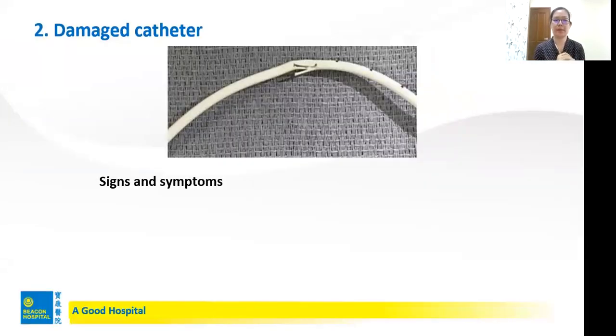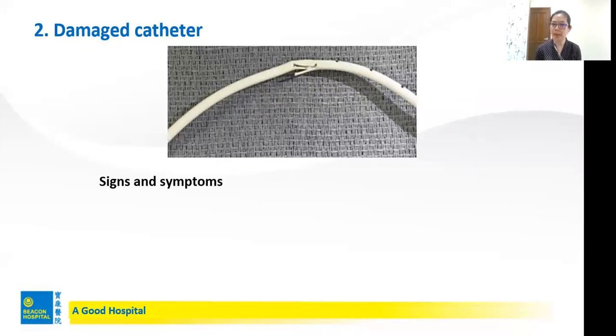So we completed one common complication, which is occlusion, right? So let's move to catheter damage. Catheter damage could be visible at the external part, especially those CVADs where you have a dangling catheter outside, like PICC, tunneled and non-tunneled catheters. But don't forget, catheter damage also could happen to our chemoport.